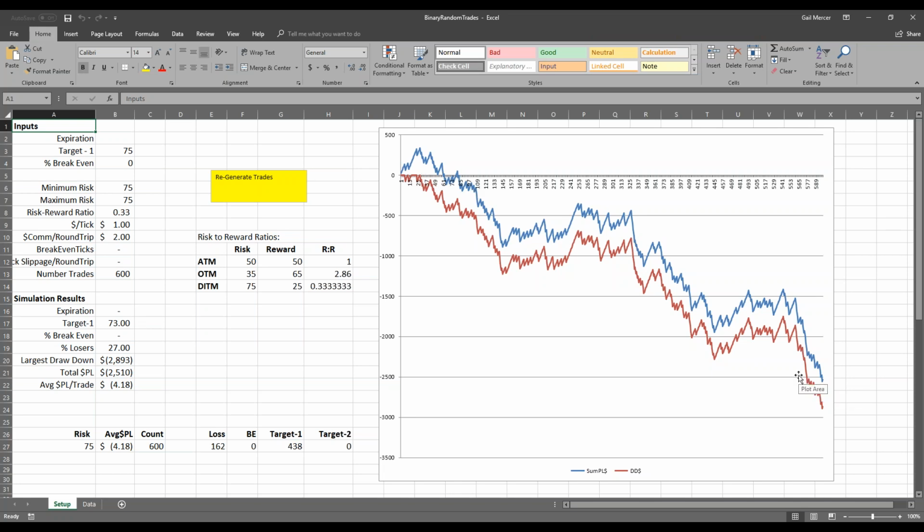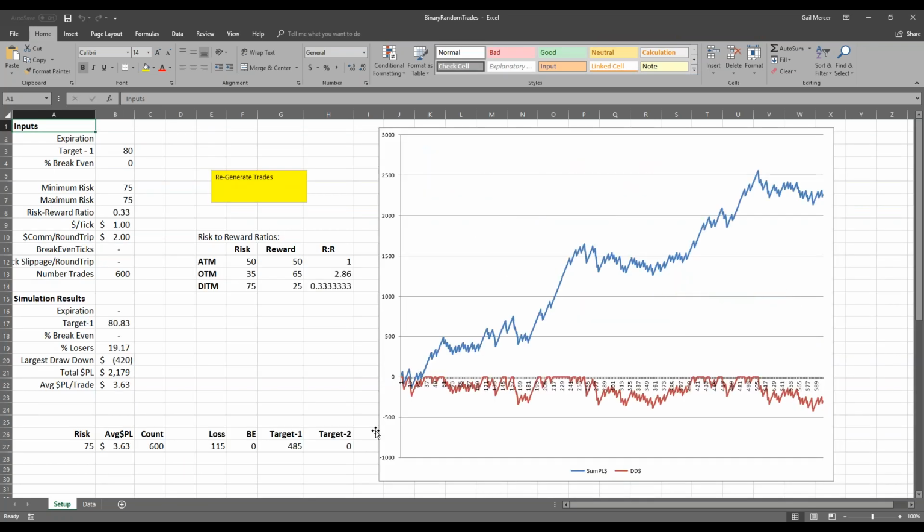And this is the difference. If you're using a deep in the money, what do you need? You need a higher profitable percentage. So if we go up to 80 and regenerate the trades, do you see how it changed?